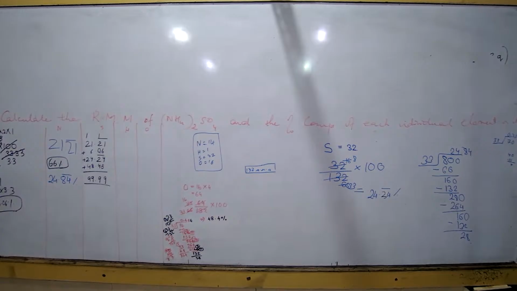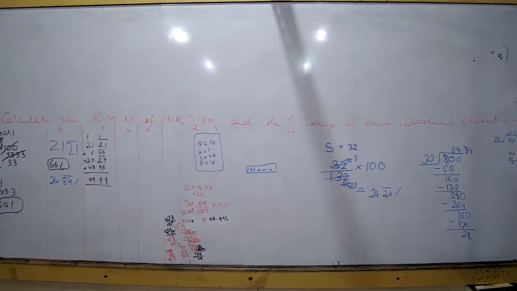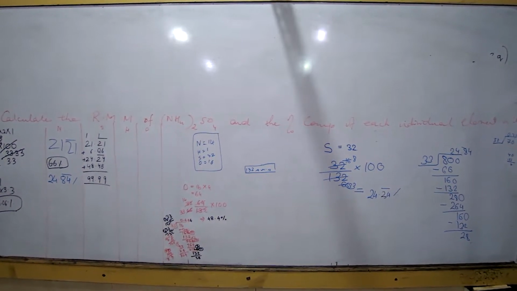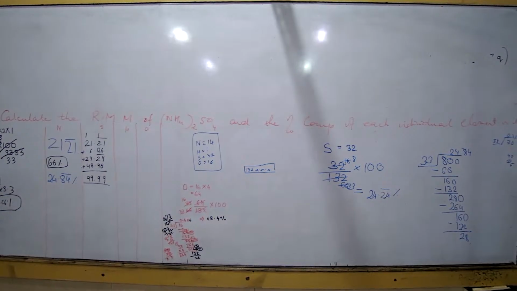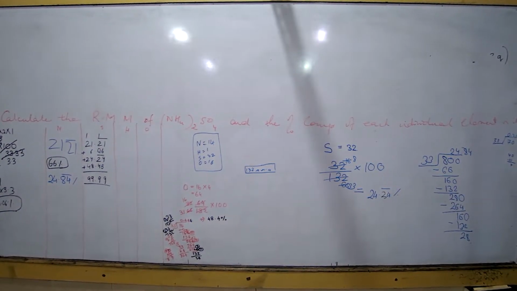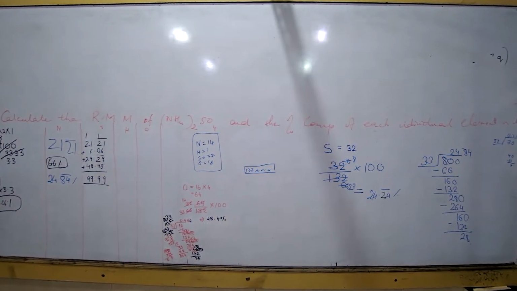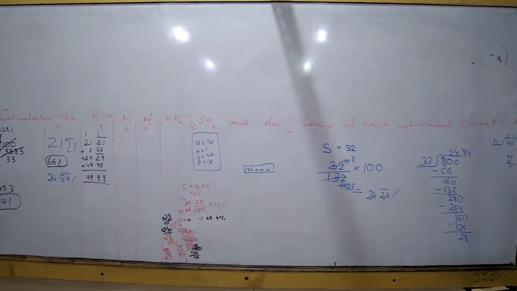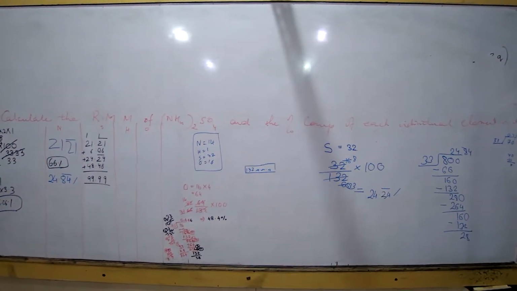30.97. Aluminium is 27 and phosphorus is 30.97. Okay, take it 31. Phosphorus is 31. Oxygen, you know. Go ahead, work it out.